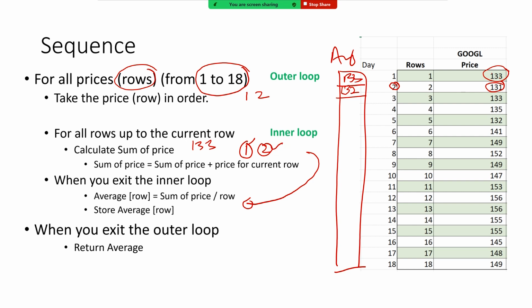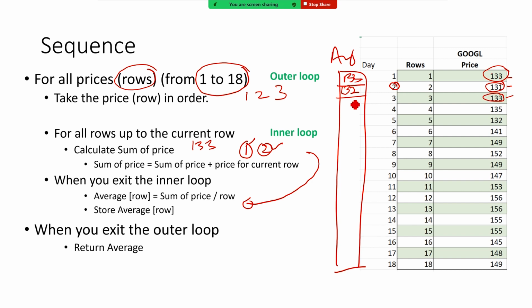Now I have picked up the third price. The third price in the outer loop here is 133. I add all 3 of them together. So I say, okay, take 1, 2, and 3. Take all 3 prices, add them together. It's 133, 131, and then 133 again. So that's 266, and then 397.